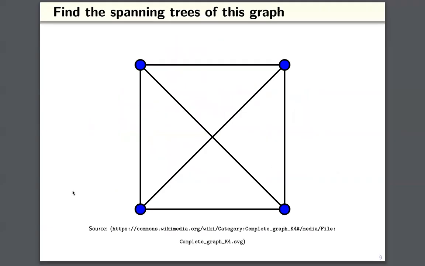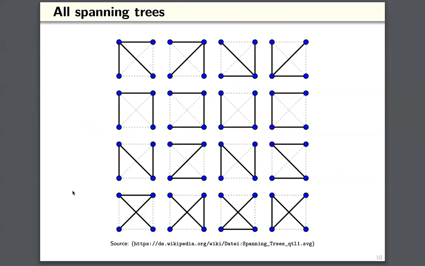So for a graph, there are a lot of spanning trees you can create. And what is a spanning tree? It is just a tree such that it covers every node in the graph. And for a spanning tree to be present, you need to make sure that the graph is connected.